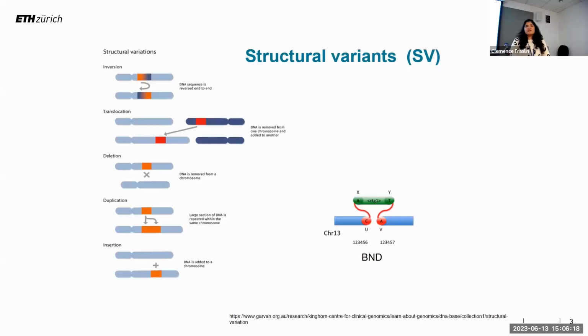And next, what are structural variants? These are mainly genetic variants which are larger than 50 base pair, and which could be divided into multiple varieties, such as inversion, when the sequence is inverted within the genome; translocation, movement of sequence from one chromosome to another; deletion, when a part is deleted; duplication, when exactly the same sequence is repeated, either in a consecutive or non-consecutive manner; and insertions, when new additional sequences are inserted.